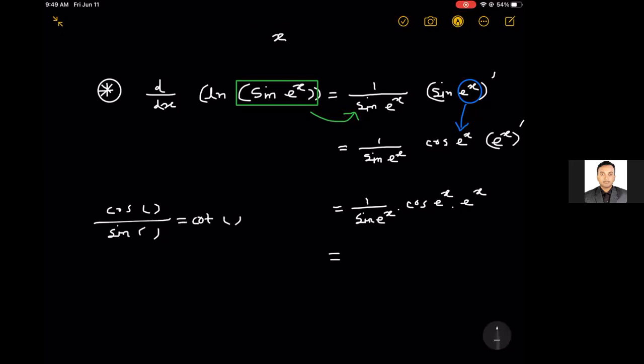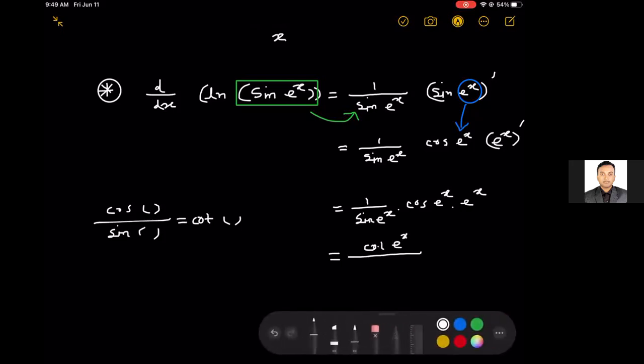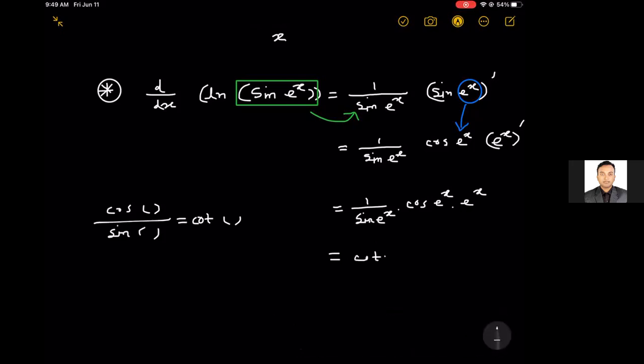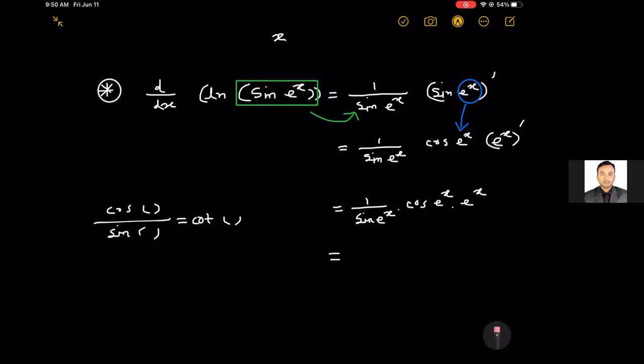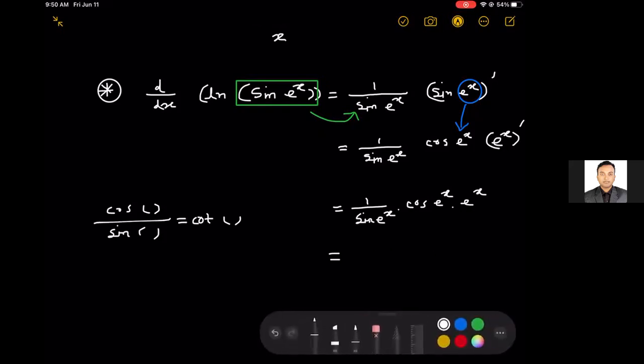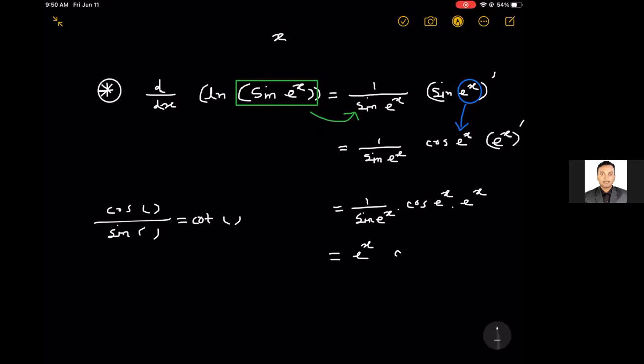So you can rewrite it like this: cotangent of e to the x times e to the x. Or, to make it more convenient to observe, start with e to the x times cotangent of e to the x.